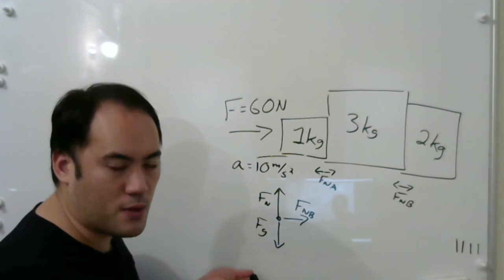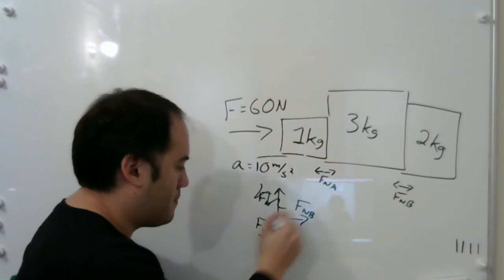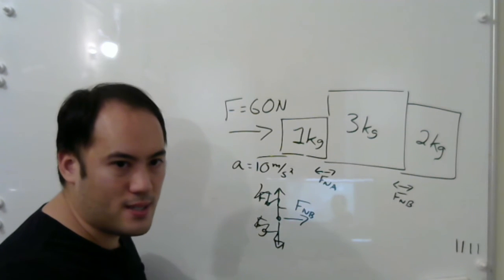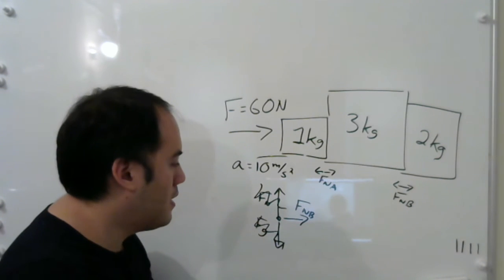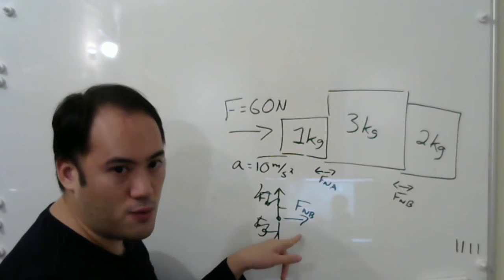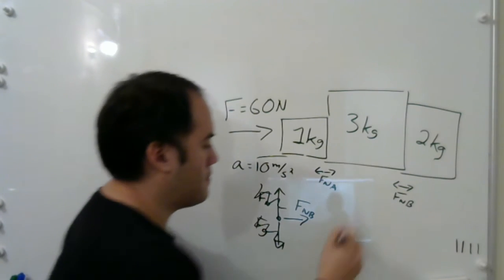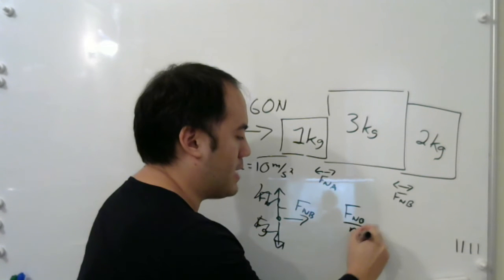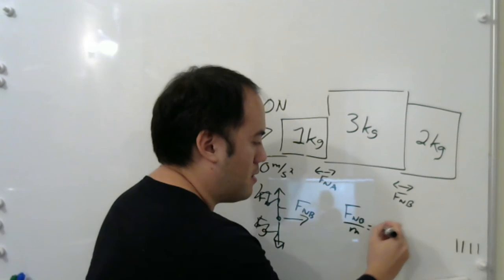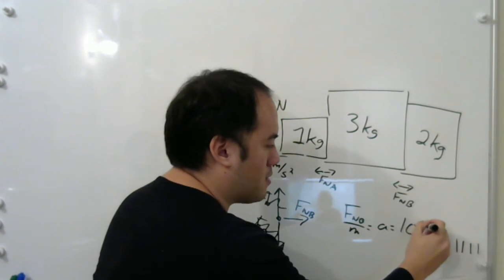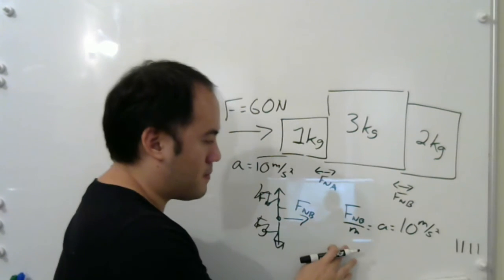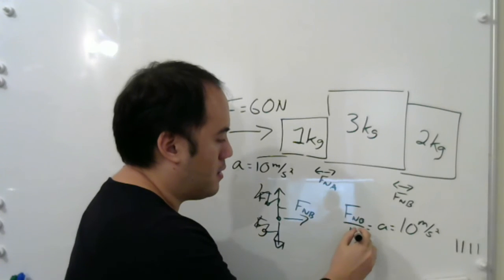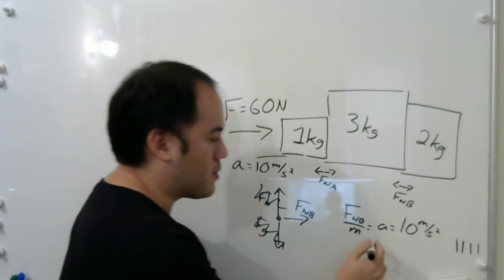Fg downward from gravity. They don't matter. Unless the block's going to start flying or start sinking to the ground, they must add up to 0. Fnb is the only force, so it's the net force. Net force over mass is acceleration, which is 10 meters per second squared. And m, well, we're talking about block 2 only, so it's 2 kilograms.